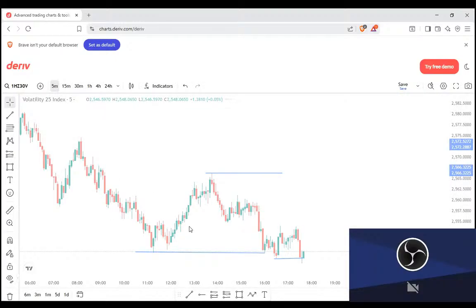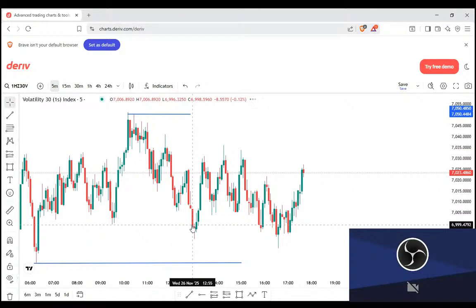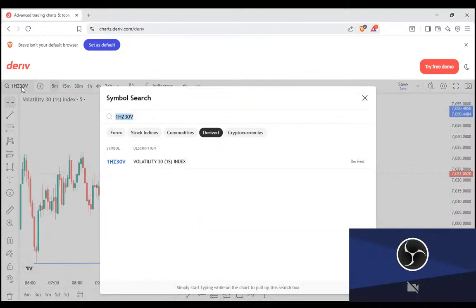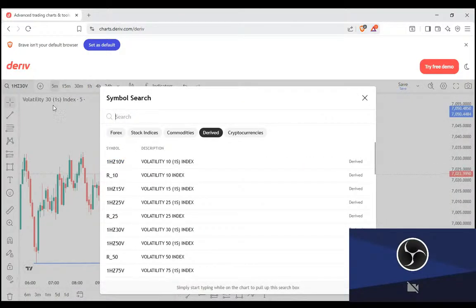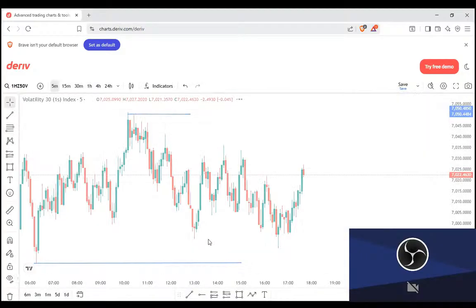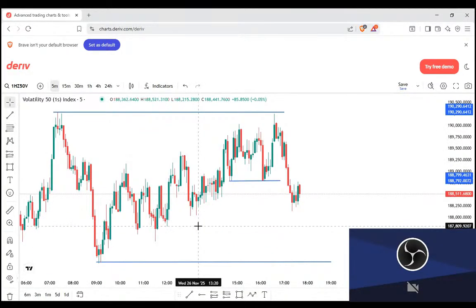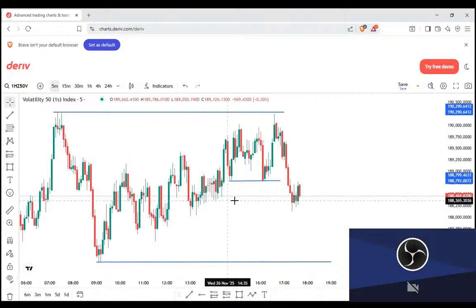That index, 50 index, if perhaps making a retracement, I just go.